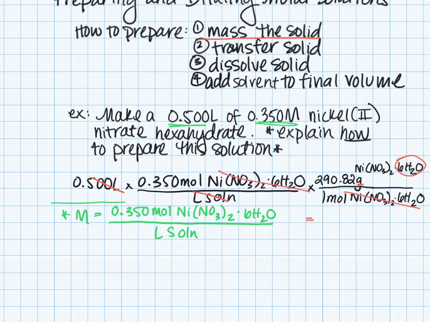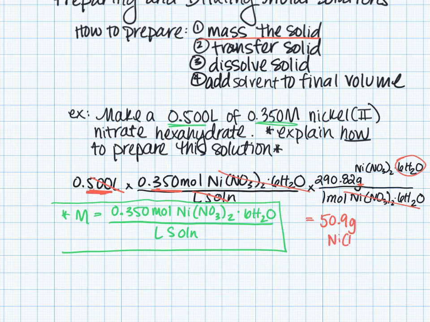If I compute this, I'm going to kind of quarantine this off by itself so it doesn't get mixed in with our calculation here. This will give us 50.9, 3 sig figs. I was given 3 and 3. So 50.9 grams of nickel(II) nitrate hexahydrate.